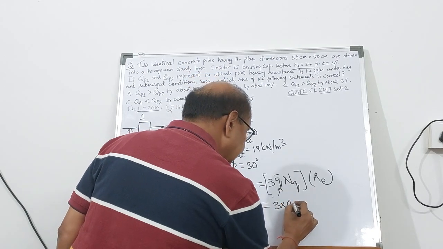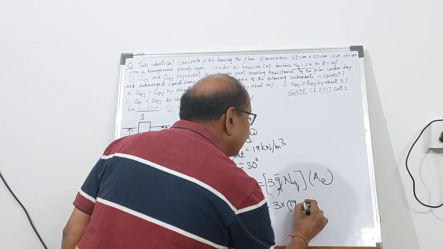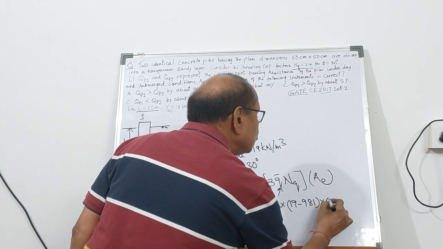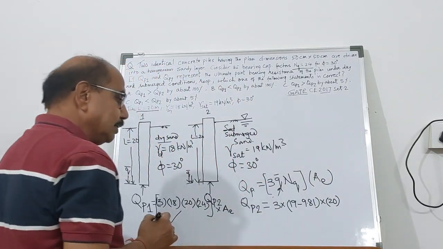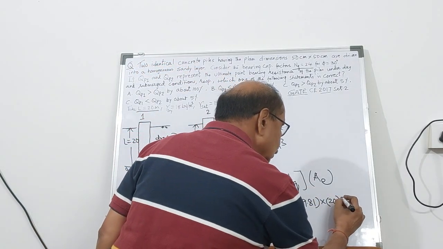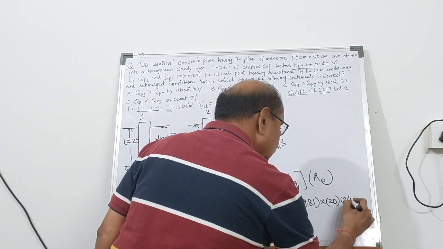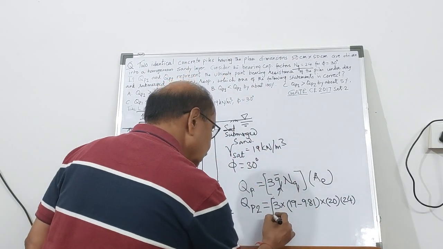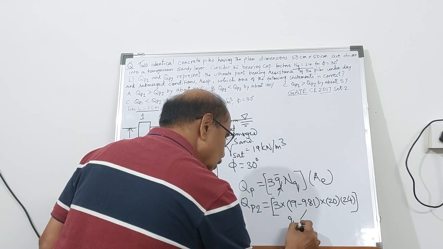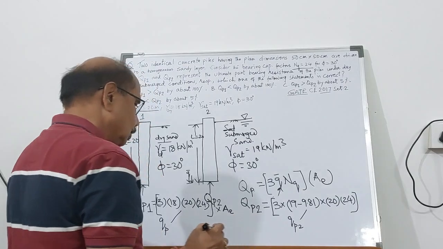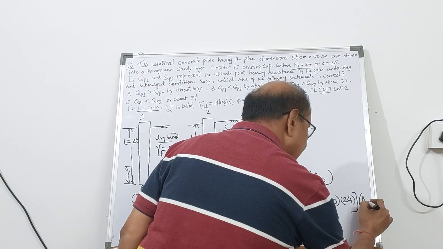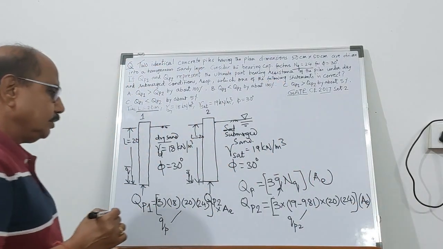Gamma prime will be gamma saturated 19 minus gamma W, that is 9.81, into length of the pile, that is 20 meter, multiplied by NQ, which is 24. This is the QP2, multiplied by the area of the pile at its end.